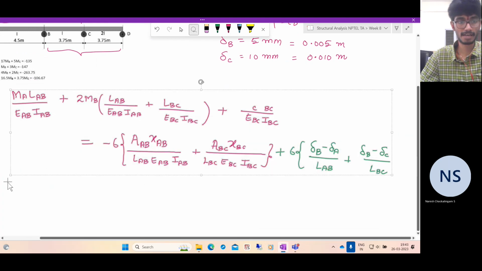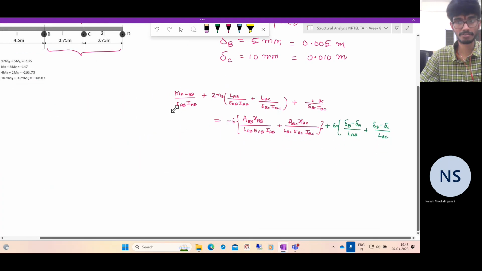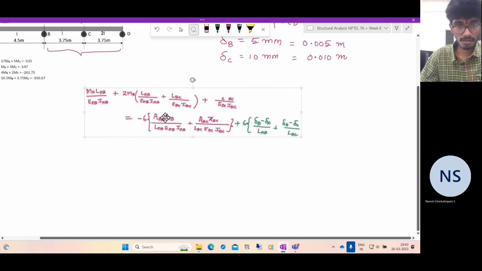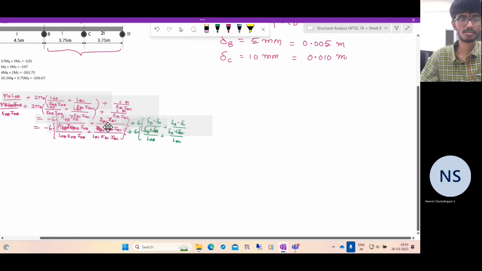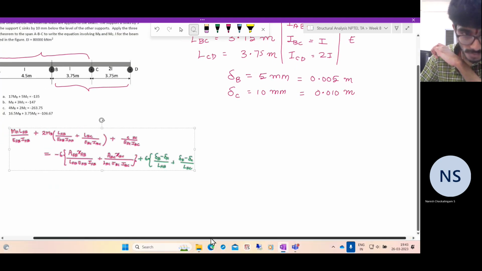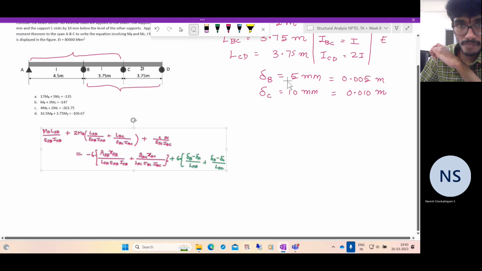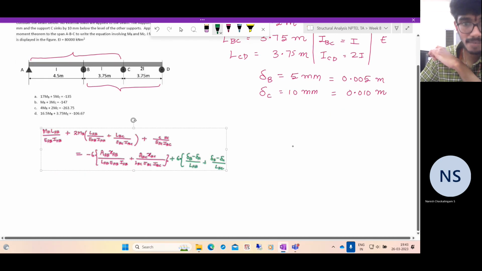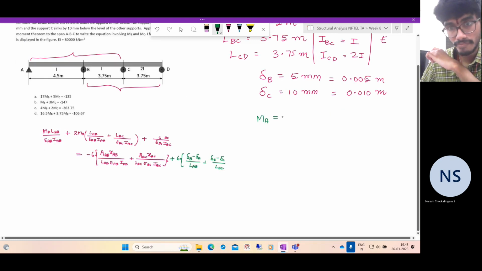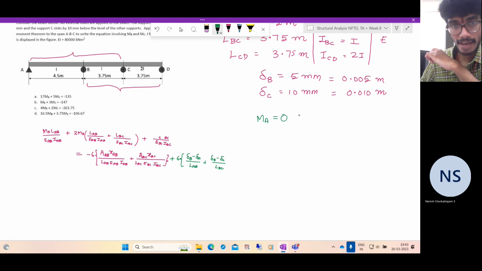So this is what we have. We can write down based on the available data. What is MA? MA is 0, and MD is also 0 because they are hinged.